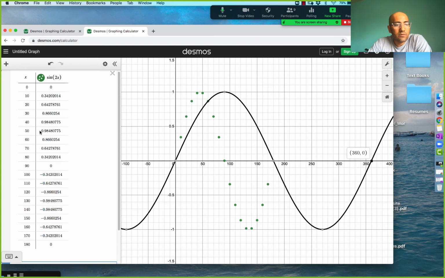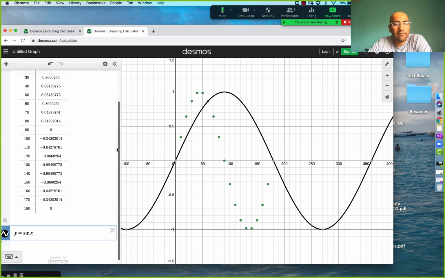And this is the result of sine of 100 degrees, even though I'm plugging in 50. And then this is the result of sine of 240 degrees. So by the time I get to 180, I'm really finding sine of 360 degrees. So I've completed one complete period.